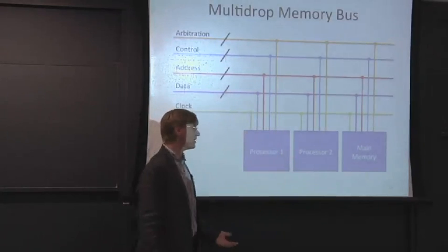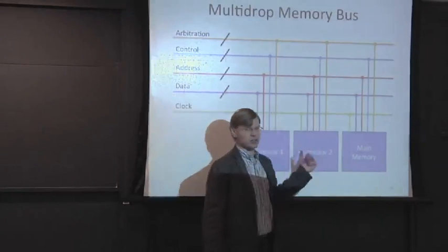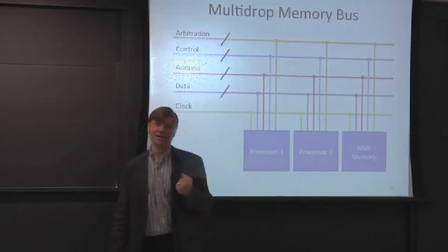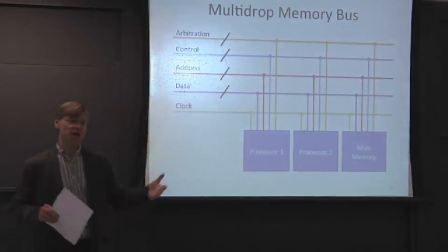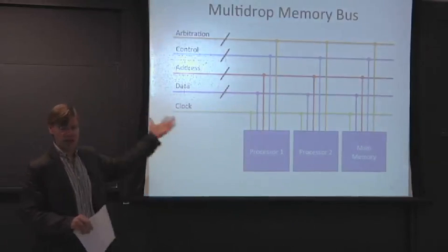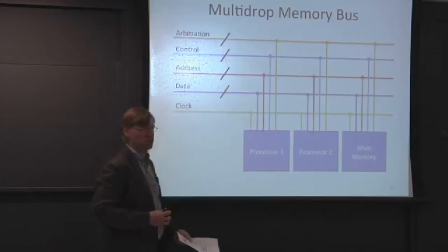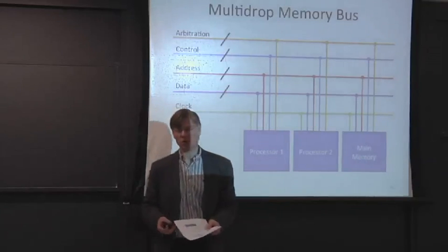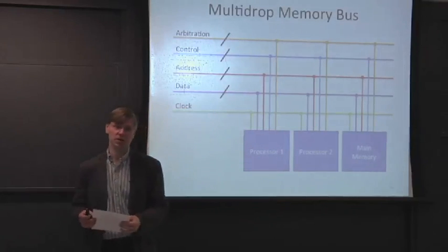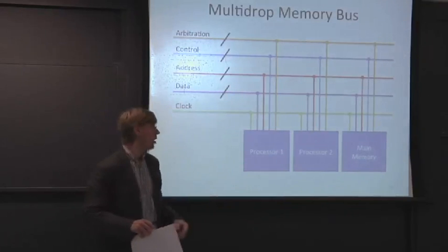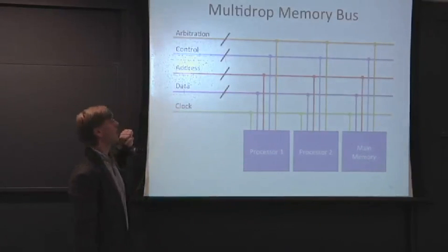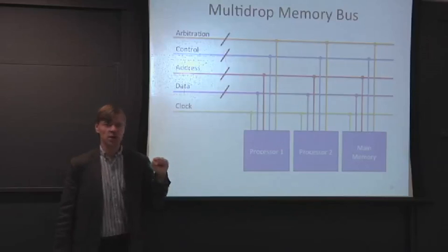But the downside to this is processor 1 and processor 2 can't shout at the same time. So as we start to add more processors, something like a shared multi-drop bus might become a problem. We're going to talk about this when we get to large multiprocessor systems or large parallel systems at the end of this class. But for now, let's focus on multi-drop memory buses.